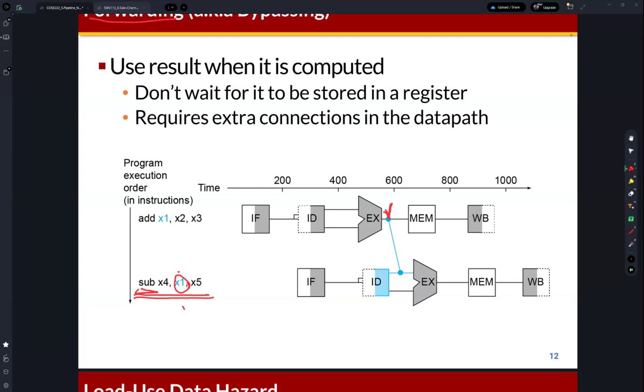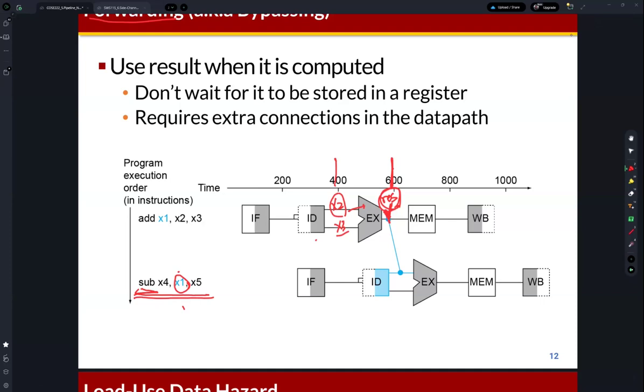X2 and X3 are read from the register file, and these operands are given to the ALU, and then the result is generated at this point, the later part of clock cycle number 3.